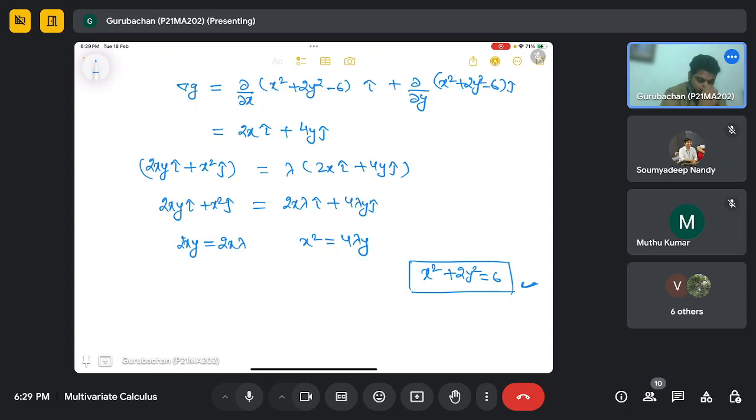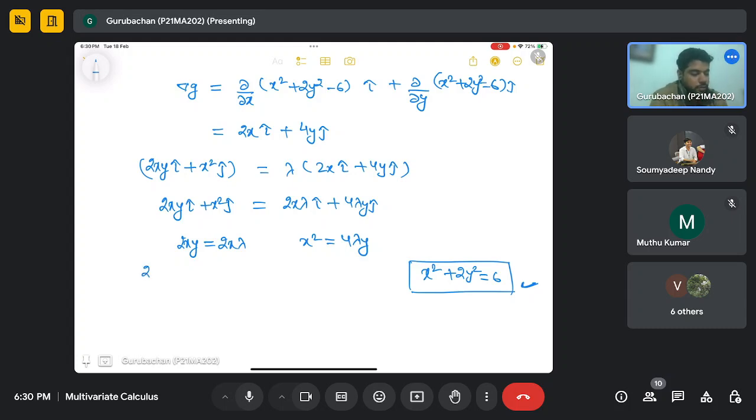Anybody? How can we proceed now? We need to put the values of x and y in terms of lambda. So how can we proceed? Samadhi, anyone?